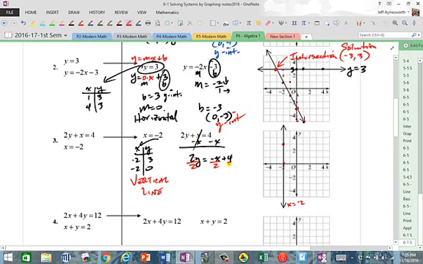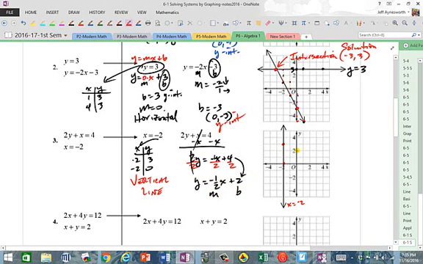You always do the inverse. And so you get y equals negative 1 half x plus 2, since 4 divided by 2 is 2. Your slope is negative 1 half, and your y-intercept is 2.